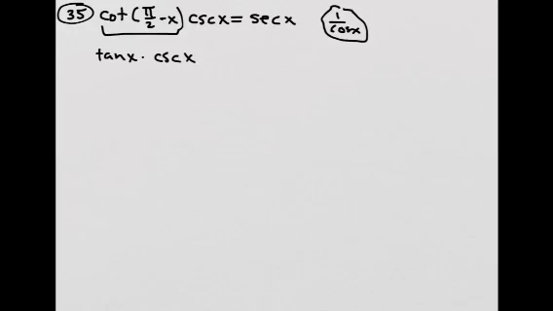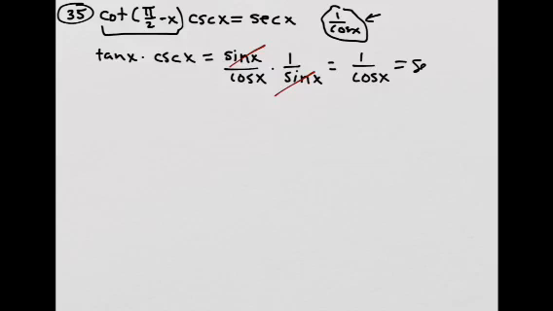Okay? Then I'm going to convert both to sines and cosines. So sine x over cosine x for tangent, and then 1 over sine x for cosecant. Okay? So then what that does, I can cancel sine x over sine x, and that leaves me with 1 over cosine x, which is exactly this step right here. That gives me secant x.